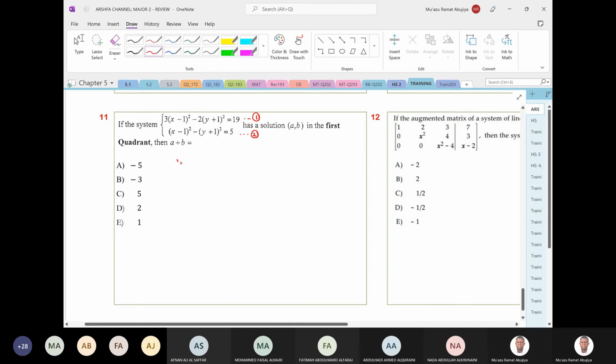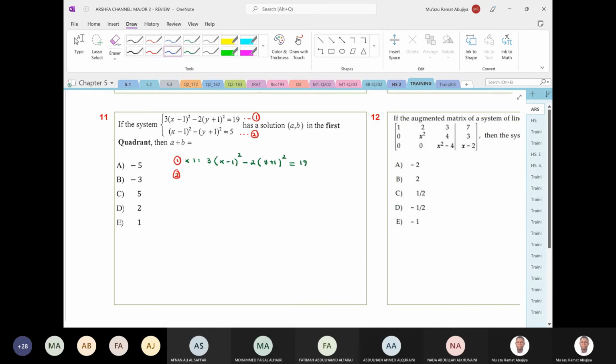So equation number 1, we are going to multiply by 1. We don't want to change equation number 1. So here we have 3 into (x minus 1) all squared minus 2 into (y plus 1) all squared equal to 19. Now equation number 2, we want to eliminate y.